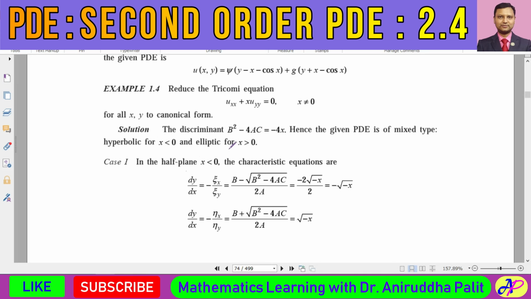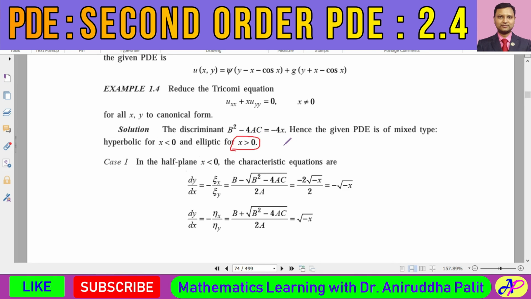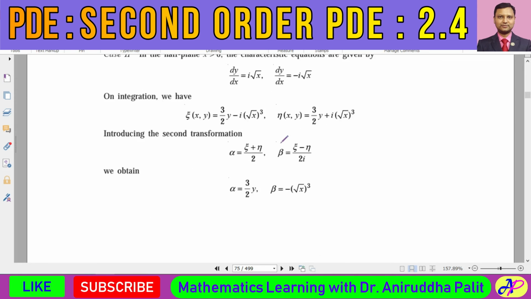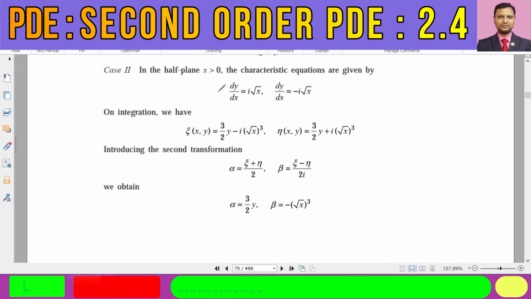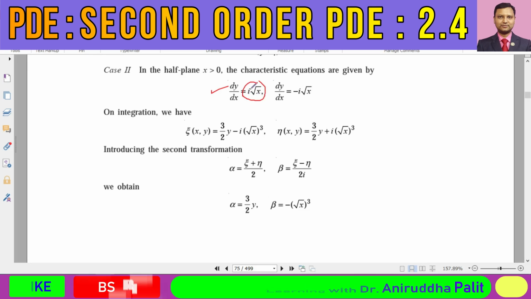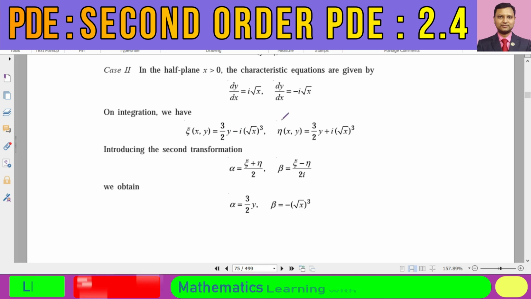Now we have to consider the case when x is greater than 0, this case number 2, for elliptic, whenever this differential equation becomes elliptic. So this is the case number 2. In that case, you see dy dx becomes imaginary. So if we integrate them, we get this kind of expression. Again, some mistake is there.